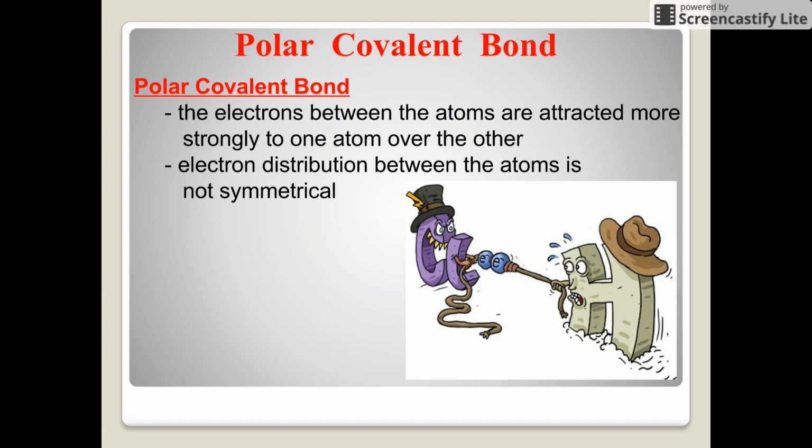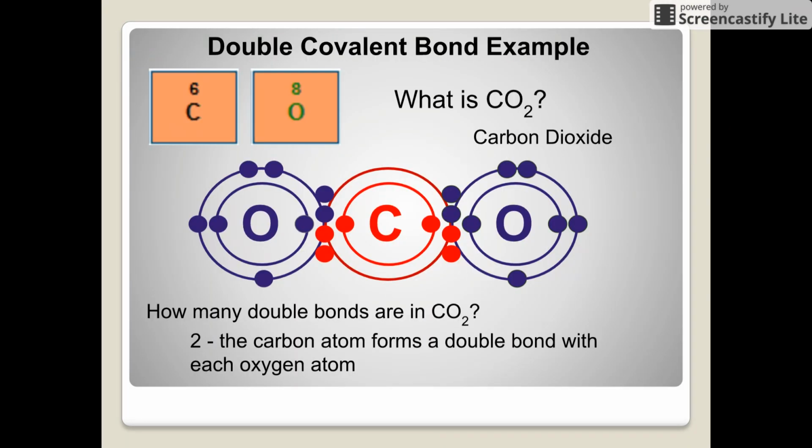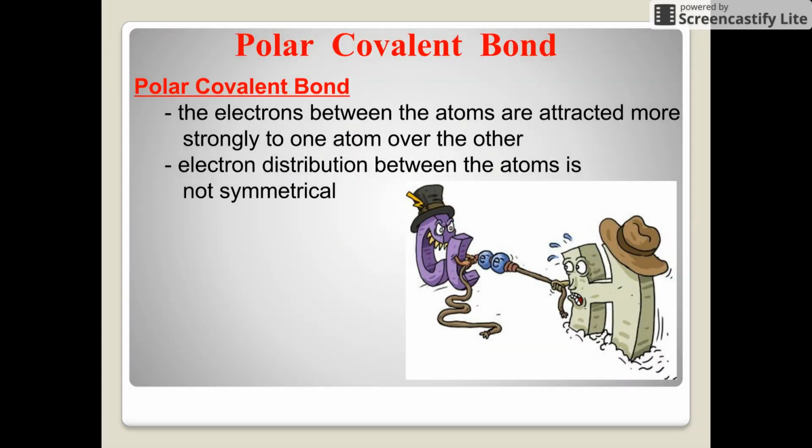The last thing we have to talk about are polar covalent bonds. Normally, in the previous slides, the atoms are sharing their electrons and they're all happy and they're all playing by the rules and it's all fair, evenly distributed. But in polar covalent bonds, the electrons are not evenly shared.